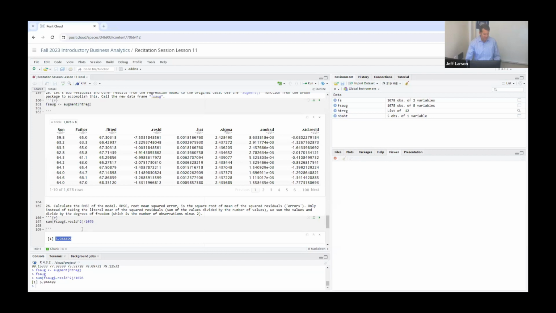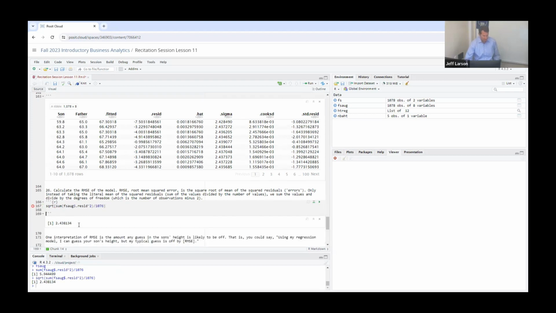So every guess is going to be off by 5.94, but that's squared. And so to get that a little bit more on the scale we're accustomed to, we're going to take the square root of that. Okay, so 2.438 is our root mean squared error. And basically it's kind of like an average.